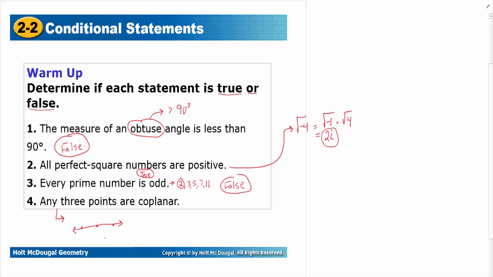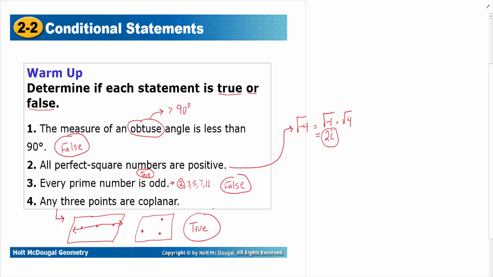But the way this is stated, it just says any three points are coplanar. Coplanar means points that lie on the same plane. So I can label any 3 points that I want, whether they're collinear or not, and they're going to lie on the same plane. Only with non-collinear points would you be able to use them to label the plane. I couldn't do that here, yet they are still coplanar. If you think about the actual definition, this would be a true statement.